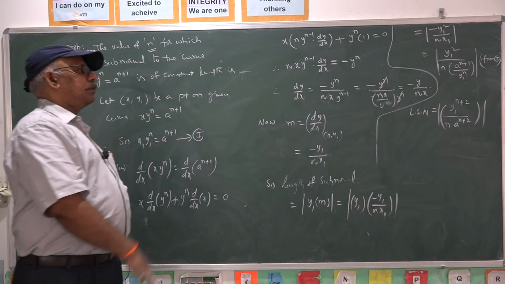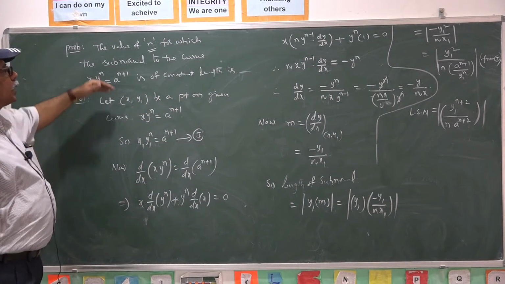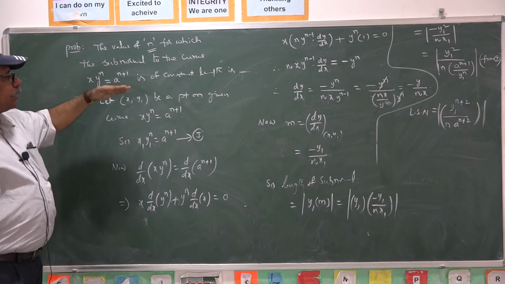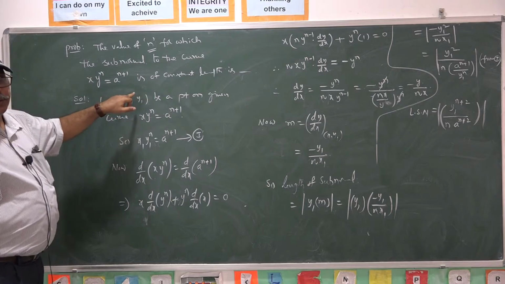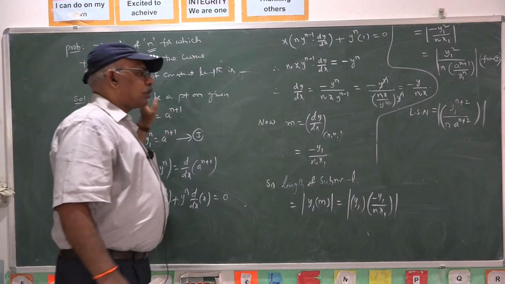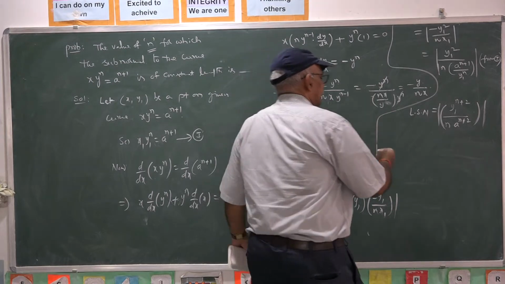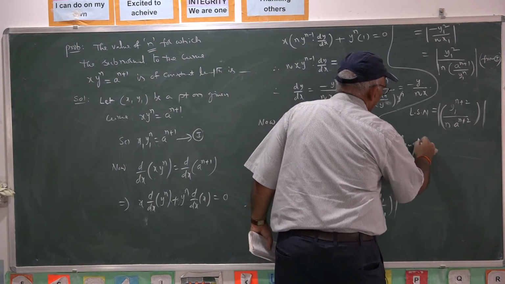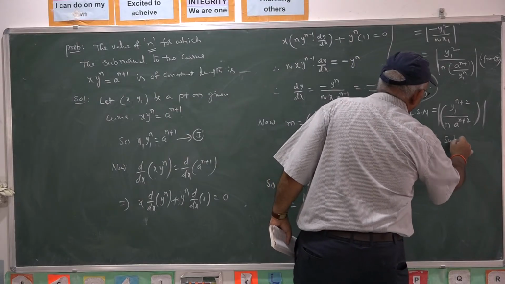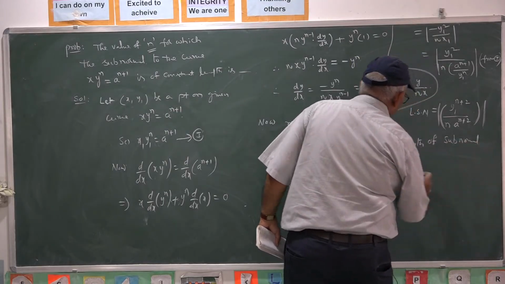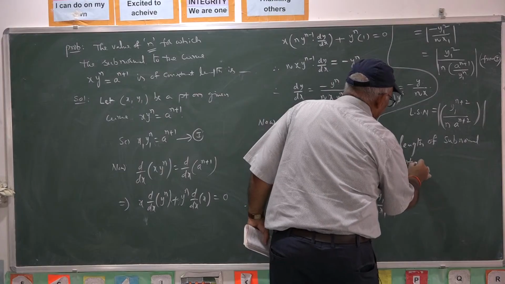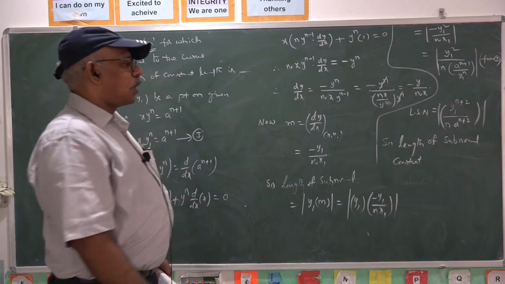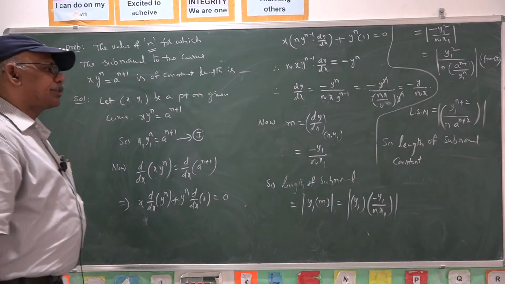But as per our given condition, the subnormal is always constant. It never depends on the position of the point. So, the length of the subnormal is constant in the sense that it does not depend on the point that we choose.